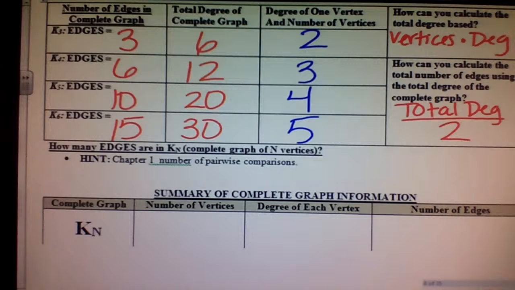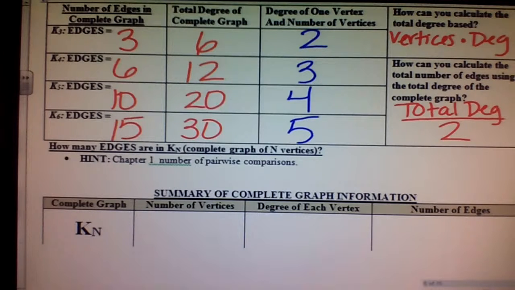This formula you actually already knew. Let's go way back to chapter 1. If I have 4 people in pairwise comparisons, how many people do they have to face? 3. They play everybody but themselves.